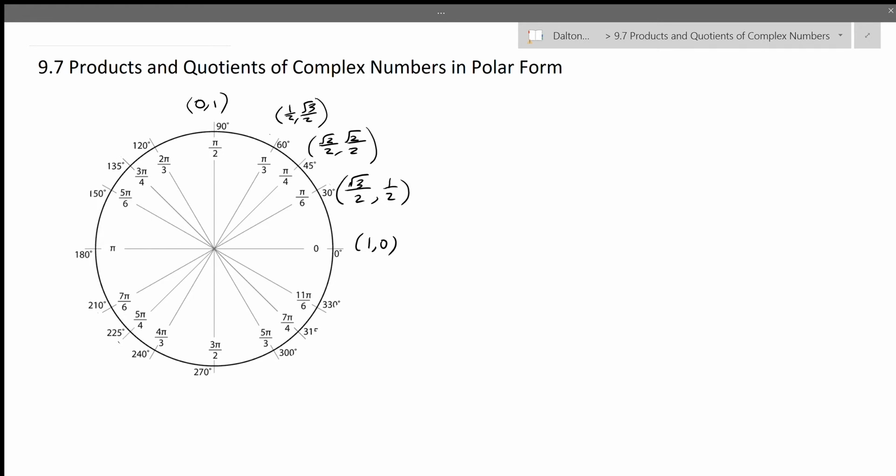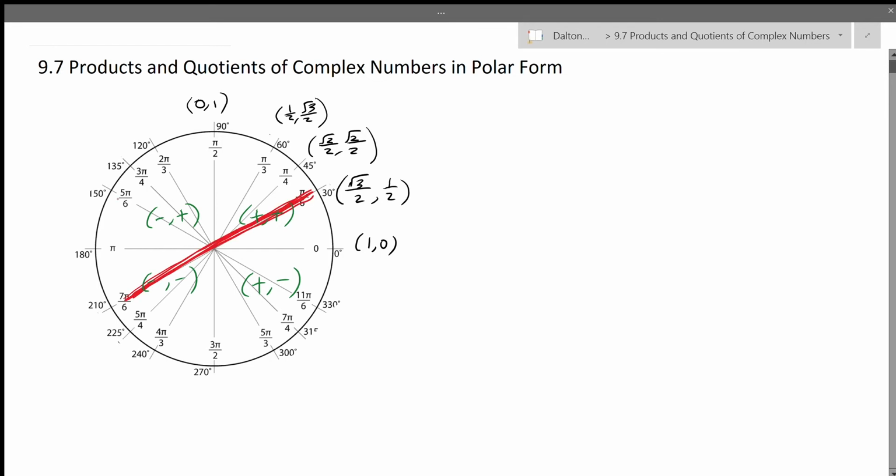And being able to recall, like, if you have to compute, okay, what is the cosine of 11 pi over 6? Well, even though 11 pi over 6 is in the fourth quadrant, if you recall that in quadrant 1 all of your coordinates are positive, positive, quadrant 2 is negative, positive, quadrant 3 is negative, negative, and 4 is positive, negative, then when you draw your bow ties, like this one would be pi over 6 and 7 pi over 6 and 5 pi over 6 and 11 pi over 6.